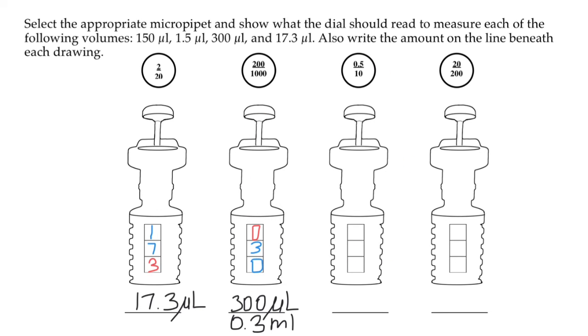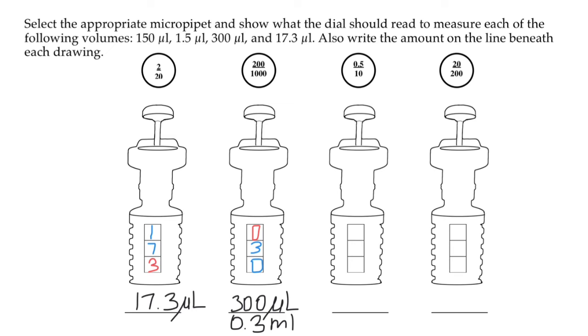Next one, we can take liquids between 0.5 microliters and 10 microliters. So we can take this amount, which is 1.5 microliters. So this is above the minimum and below the maximum.